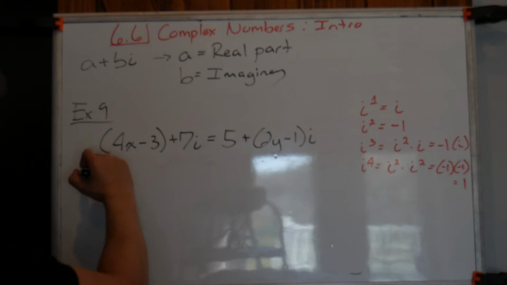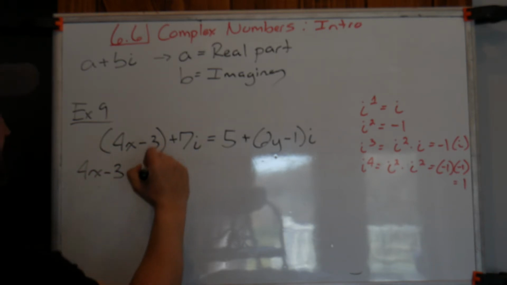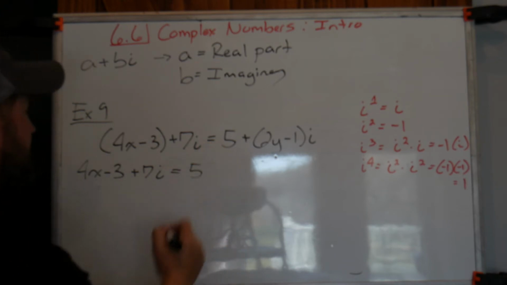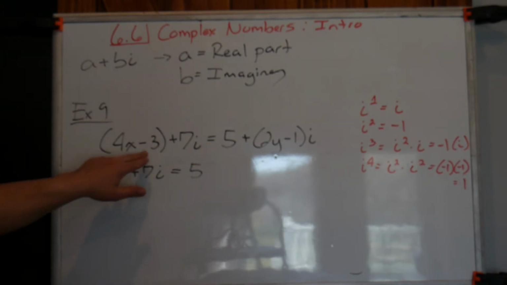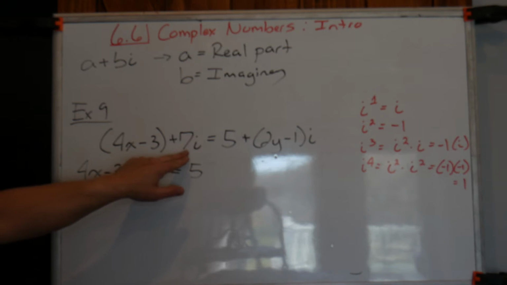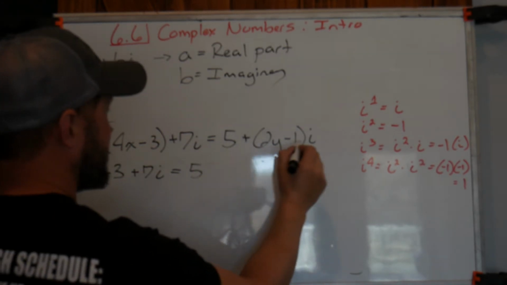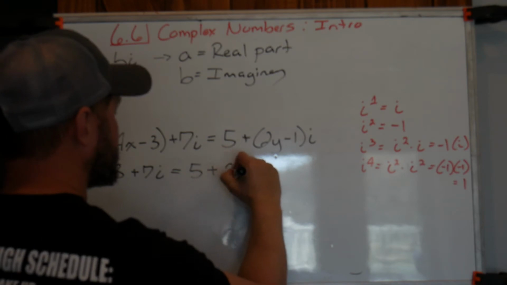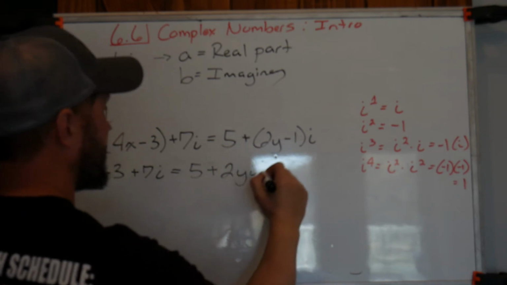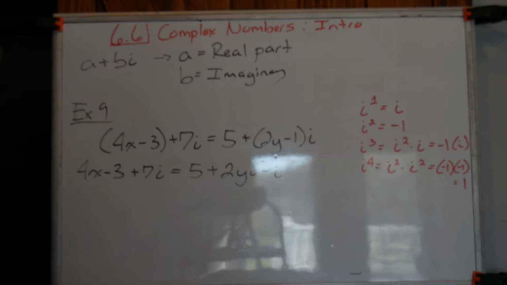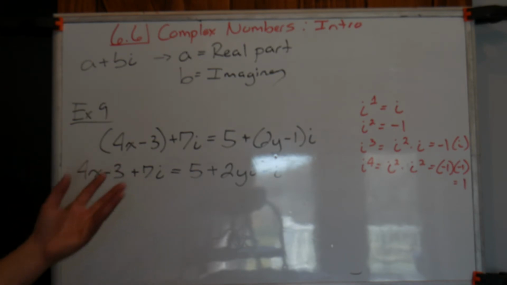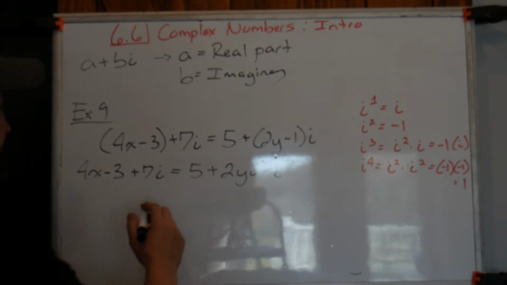I'm going to write this as 4x minus 3 plus 7i equals 5. You don't really need the parentheses. It's just saying the only piece that's imaginary is the piece with an i. Equals 5, and then I've got to distribute. Plus 2yi minus i.